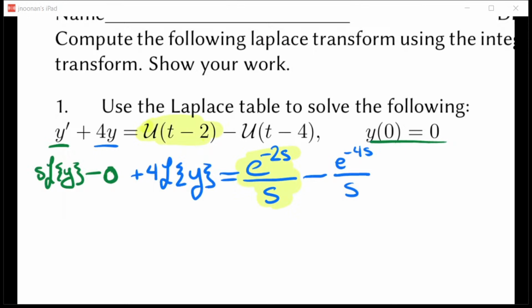Your next challenge, if we're going to solve this differential equation using Laplace transforms, is to solve this for L of y. Take a minute and solve that for L of y.